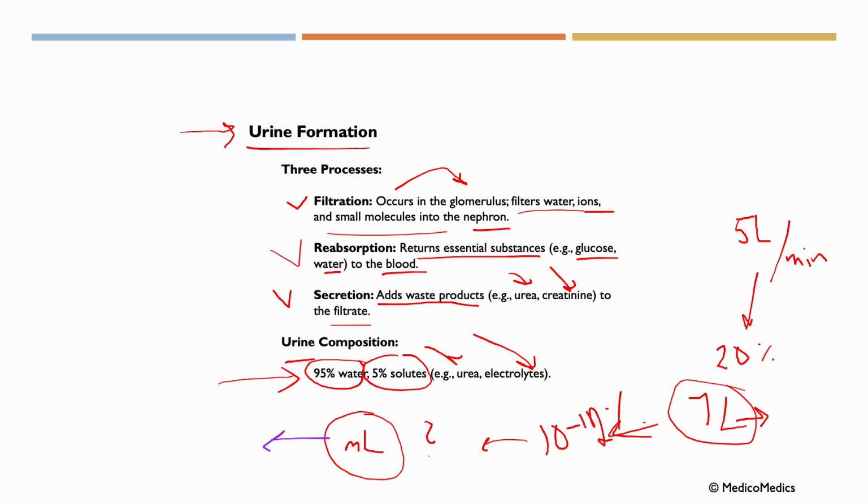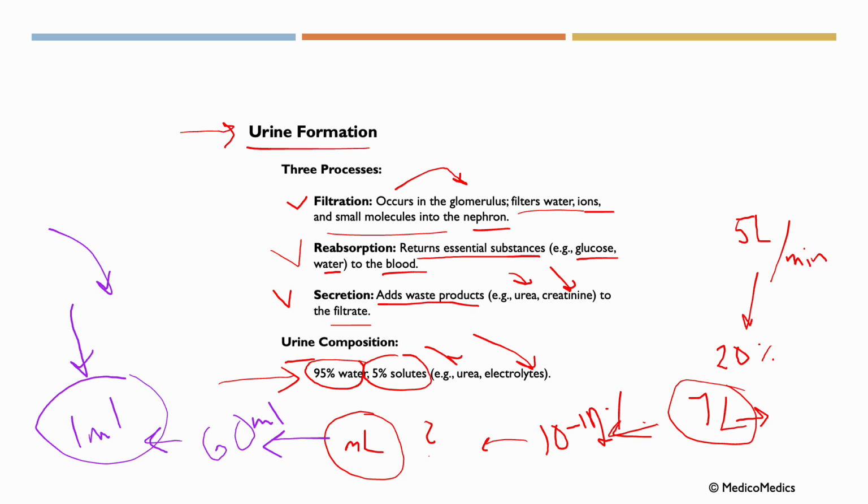Surprisingly, it is actually around 60 ml, which means about 1 milliliter is produced per minute. So there is an immense volume going through your filtration system, through your kidneys, but a very little amount arriving as urine ready to be excreted in the toilet.